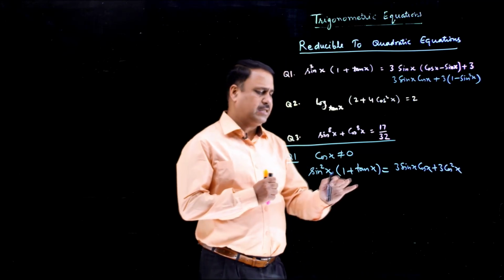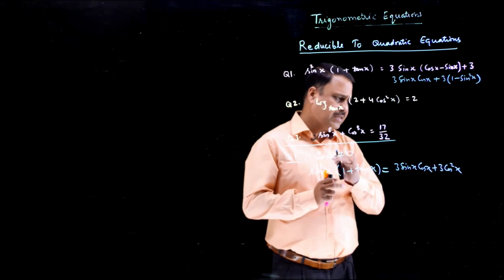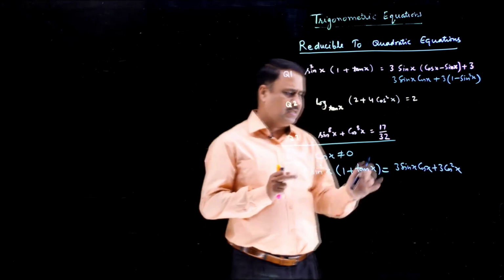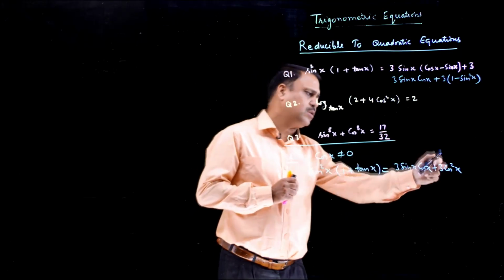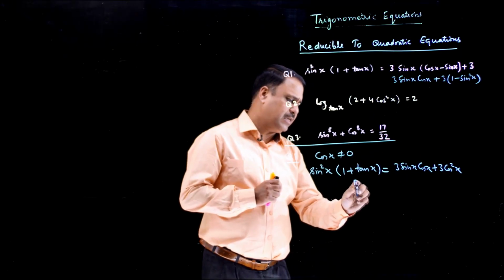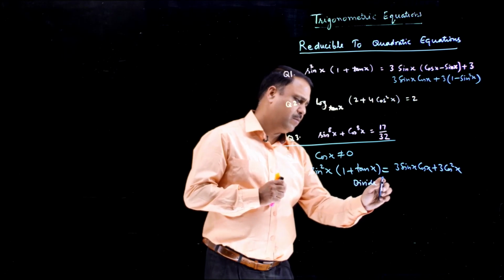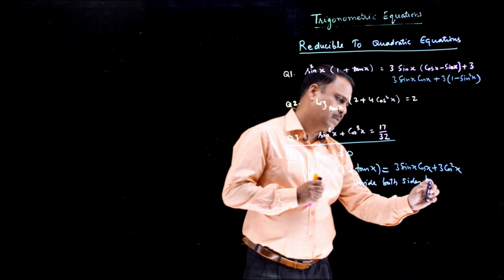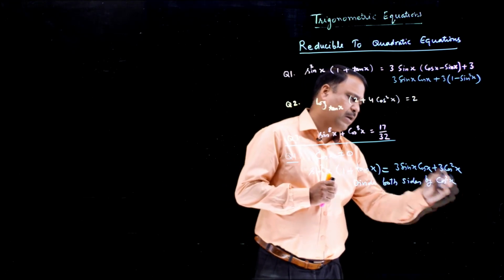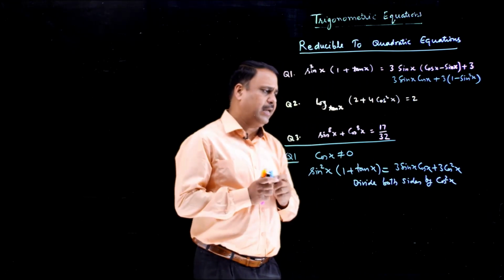So now easily you can see, if I divide by cos square x, everything will be converted. This function is in the form of either sin x cos x, or sin square x, or cos square x. That means in this case, divide both sides by cos square x. So I can convert the whole question into tan x form.